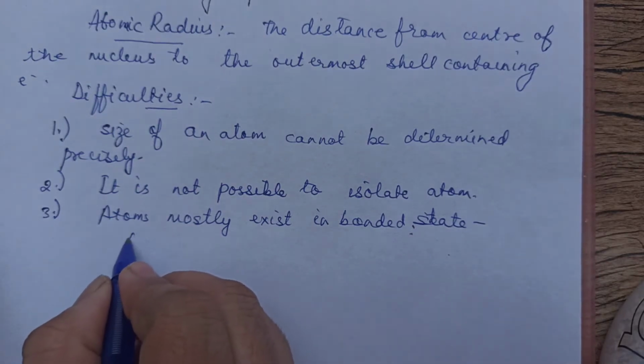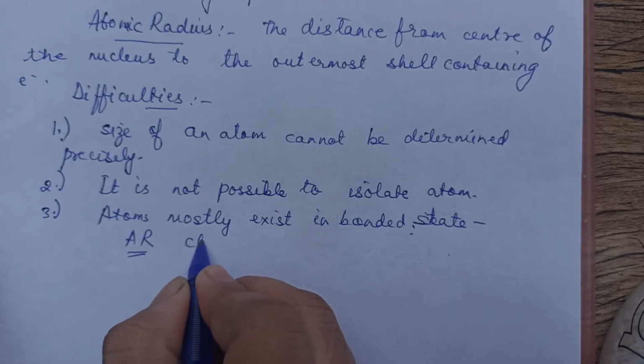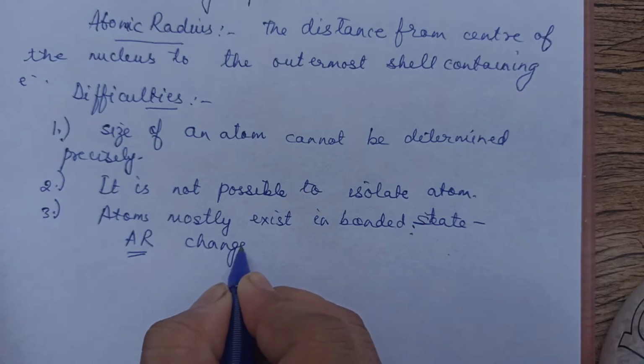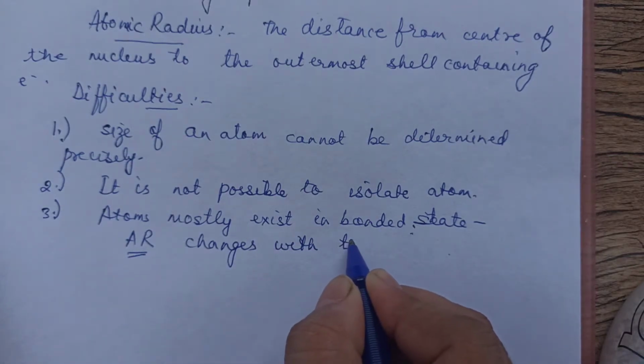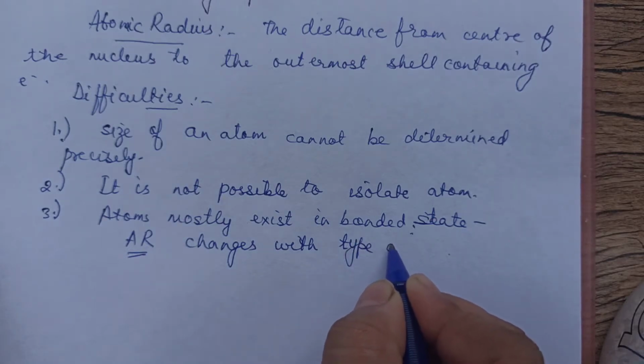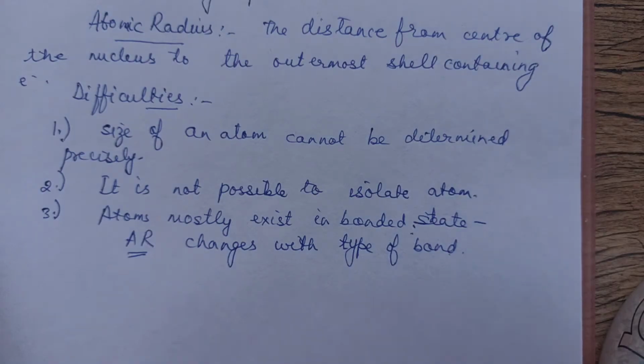So we can say, writing AR for atomic radius, the atomic radius changes with the type of bond. What type of bond exists in that particular molecule? Based upon that, the atomic radius also will change.